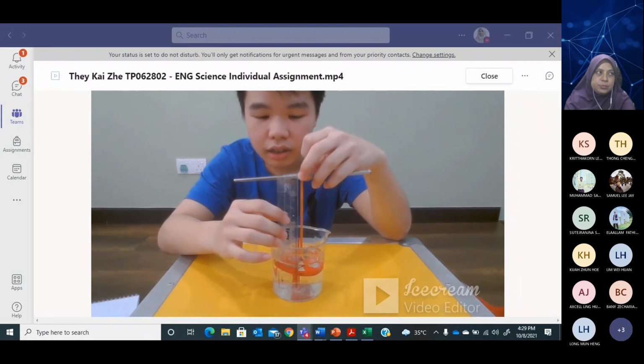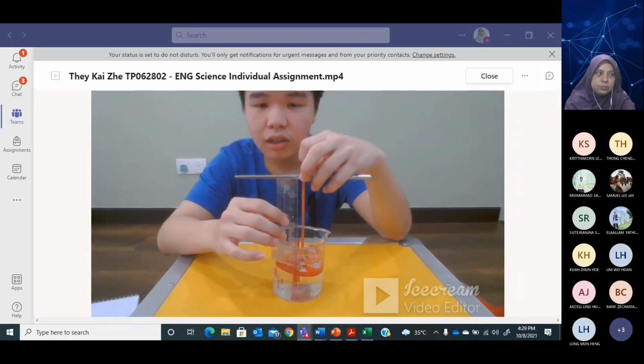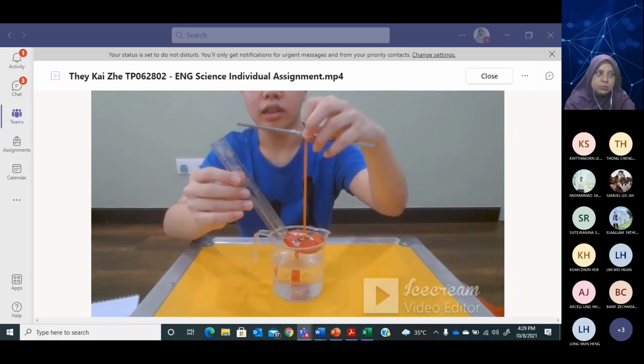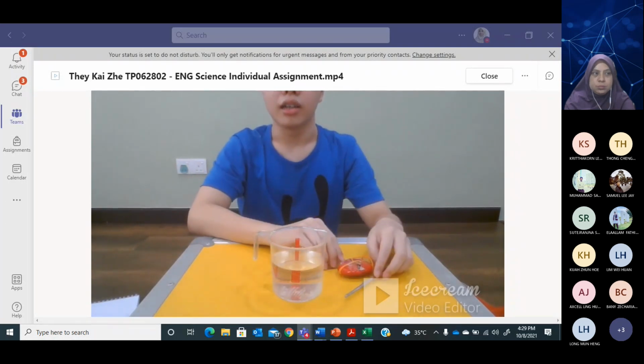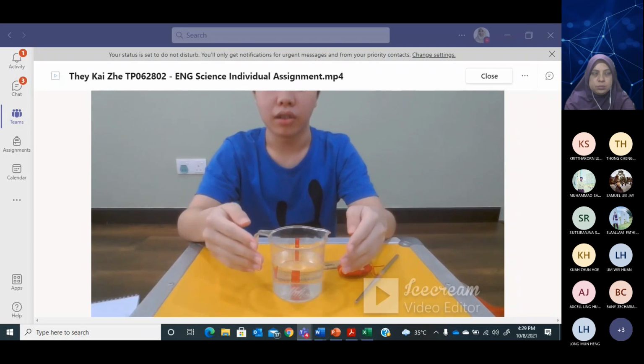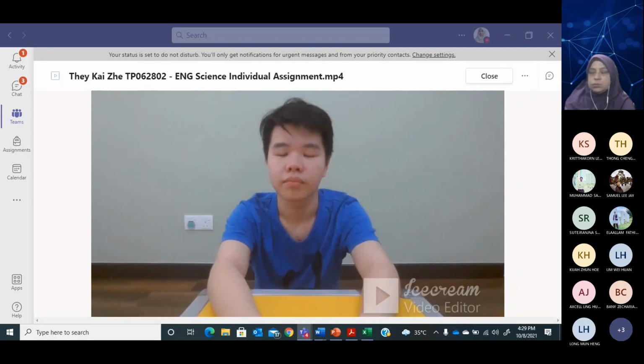Now, as you can see, the mark on the rock is slightly above the 15 centimeter mark, showing that the rock is being pushed up by an upward or buoyant force of the water.